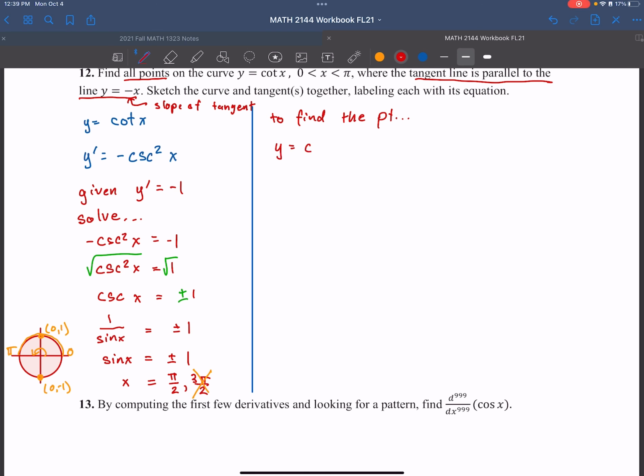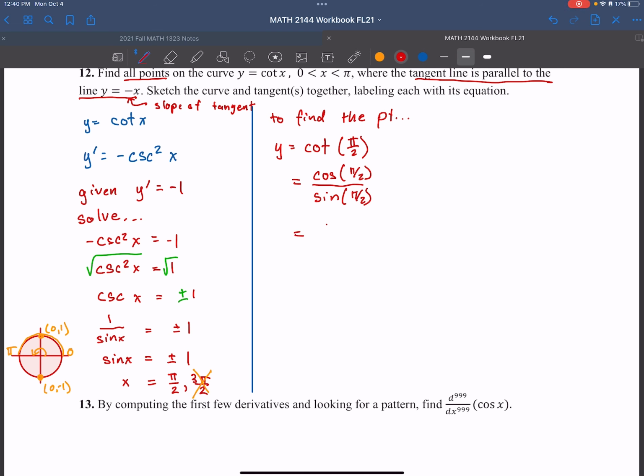To find the point, we need the associated y value, which we get by just doing y equal to cotangent of pi over 2, which is just going to be 0. You could think about it. I'll do the steps in my mind, or that I would be thinking in my mind. Cosine of pi over 2 over sine of pi over 2 if you're using the quotient identity.